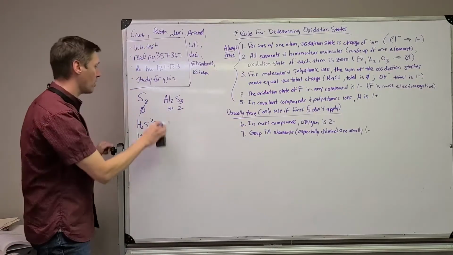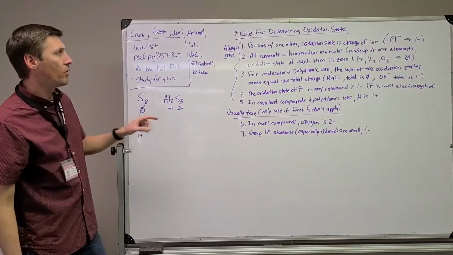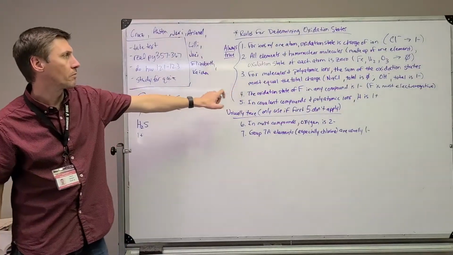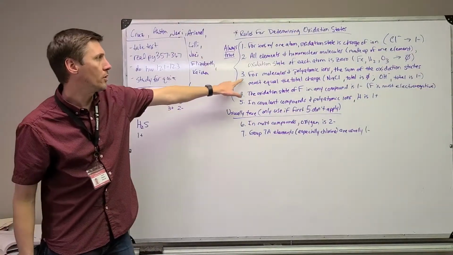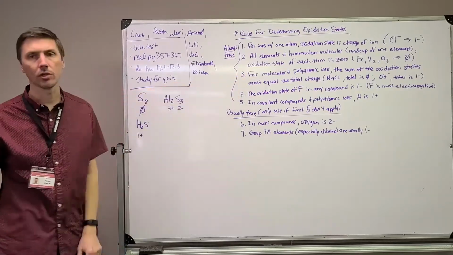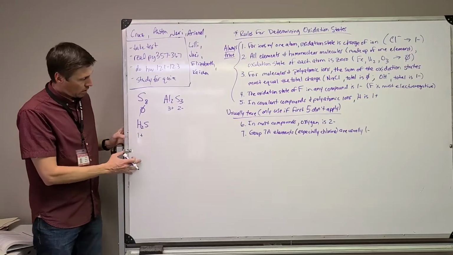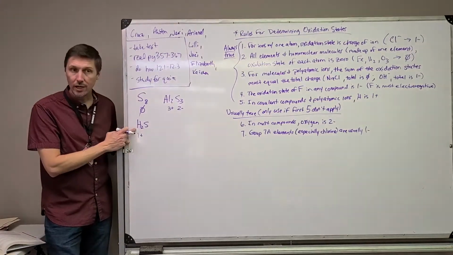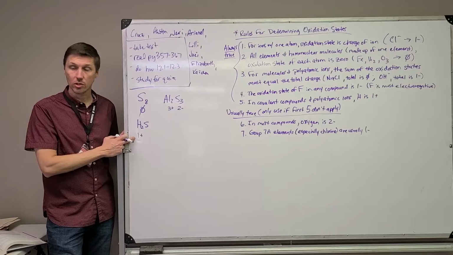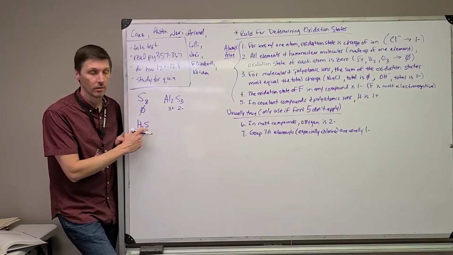So if the overall charge has to be 0, then for molecules, the sum of the oxidation states must equal the total charge. The total charge of this is 0. But we know that we've got 2 hydrogen atoms, each with a 1+ charge, and so my sulfur atom has to have what oxidation state?